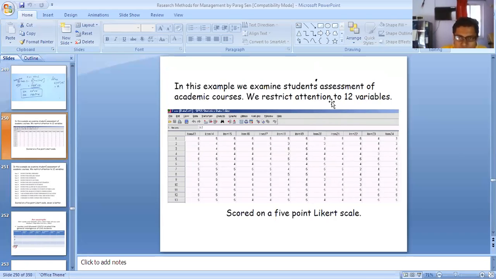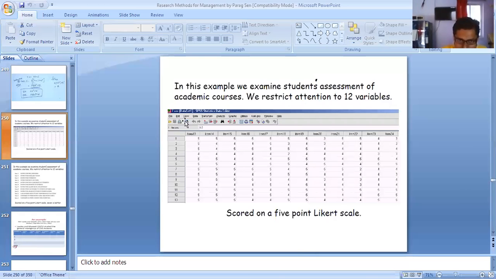We restrict attention to 12 variables. Those 12 variables are mentioned column-wise, and row-wise you have taken the data from the students. You are using a score on a 5-point Likert scale. That means the scores can be either 1, 2, 3, 4, or 5, and they represent the degree of severity on the Likert scale.